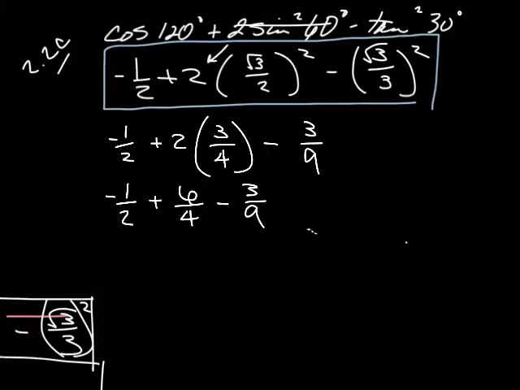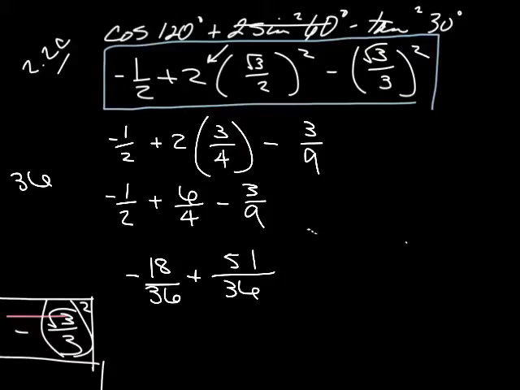Oh, golly. Now we have to find common denominators. Let's see. 9, 18, 27, 36. So common denominators are 36. So if the 2 is a 36, the top has to be an 18. And if this is a 36, I had to do 4 times 9 to get 36. So 6 times 9 is 54, I think. And 36 multiplied 9 times 4, so we multiply 3 times 4.